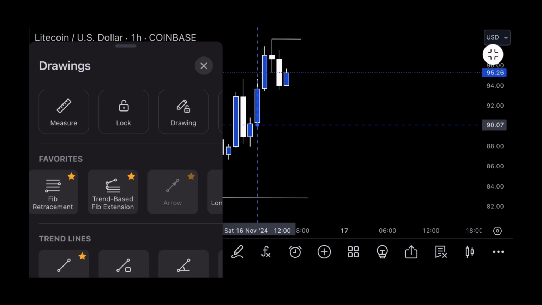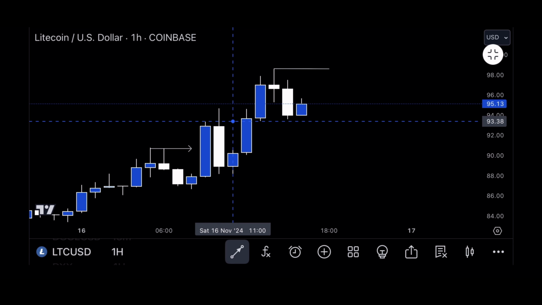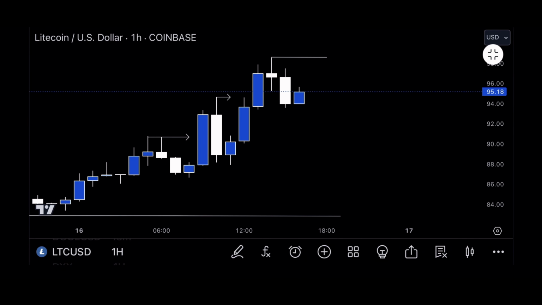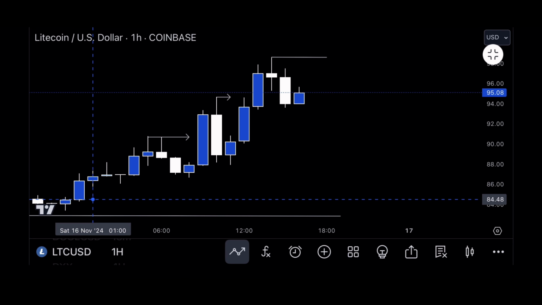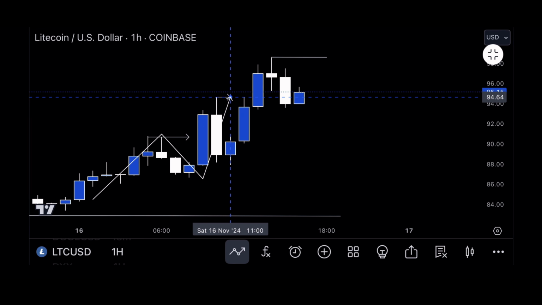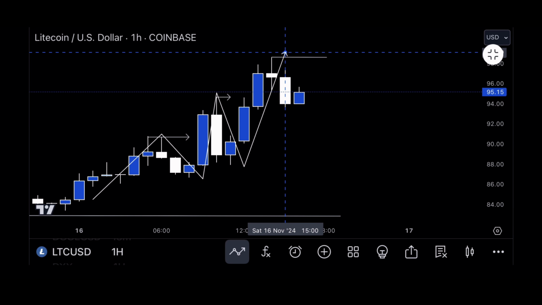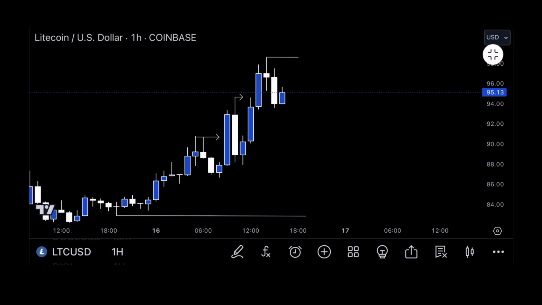As we can see, we had a major break of structure to the upside, indicating a bullish trend. You can see this is a break of structure, pullback, break of structure. So we're expecting a pullback anytime. We're already on the pullback, so we switch down to the 15 minutes time frame.